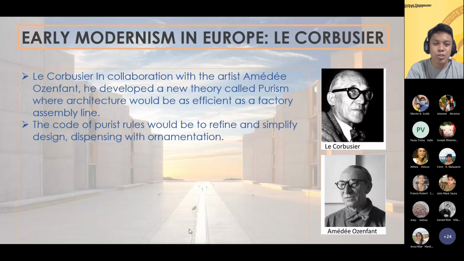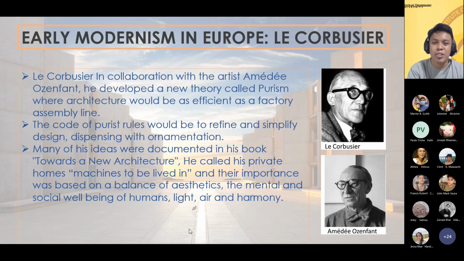The code of purist rules would be to refine and simplify design, dispensing with ornamentation. Same idea as modern architecture. They simplified and refined all areas of their designs, removing ornamentation. Le Corbusier wrote a book called Towards a New Architecture.